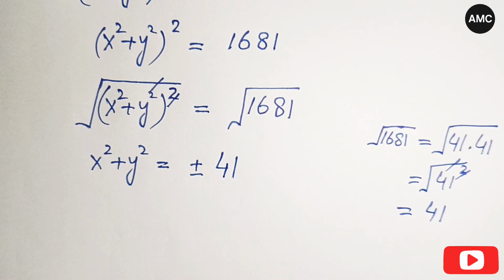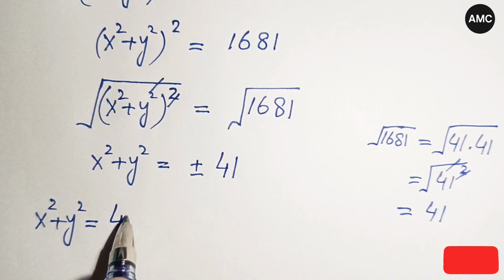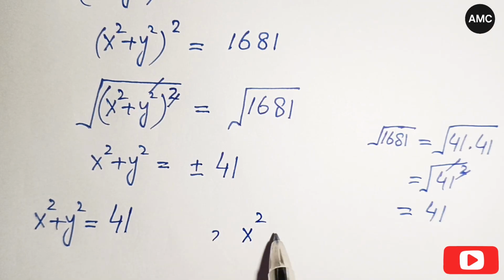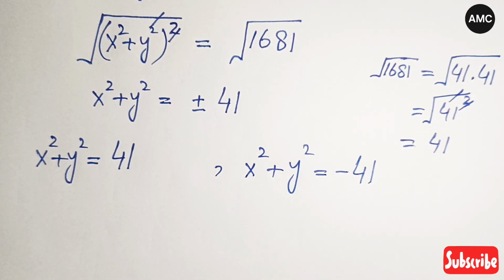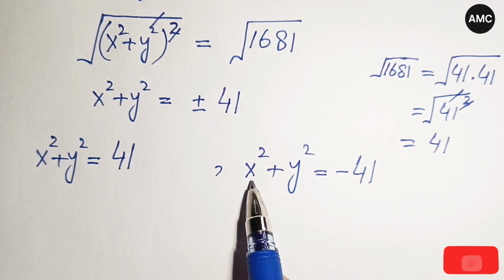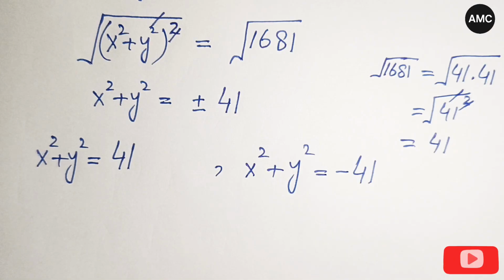Now we are going to find two values of x squared plus y squared. The first value is x squared plus y squared is equal to plus 41, and the second value is x squared plus y squared is equal to minus 41. Now we know that the square of any number is always positive.